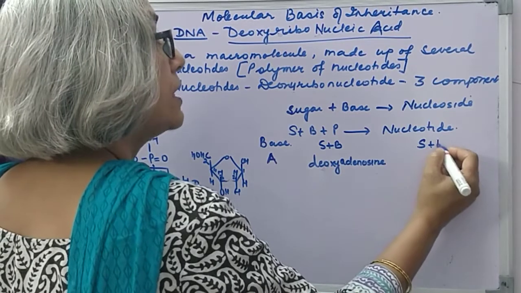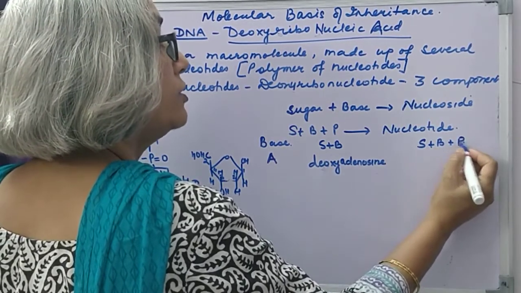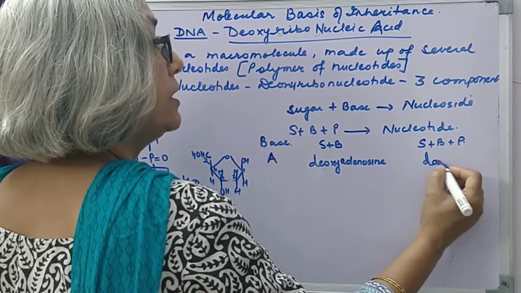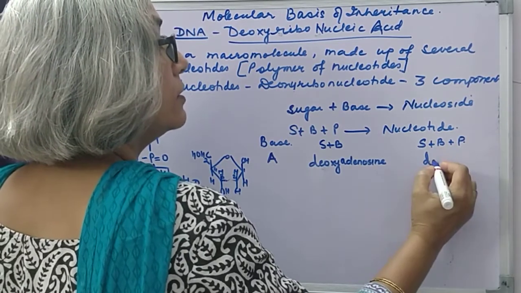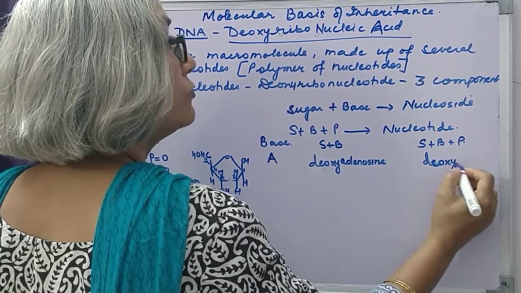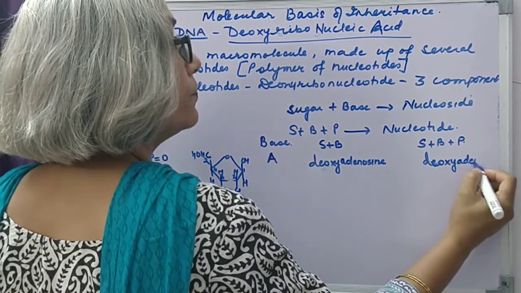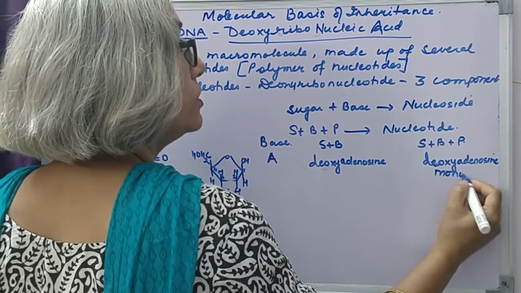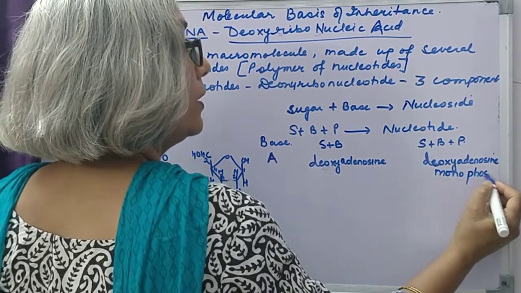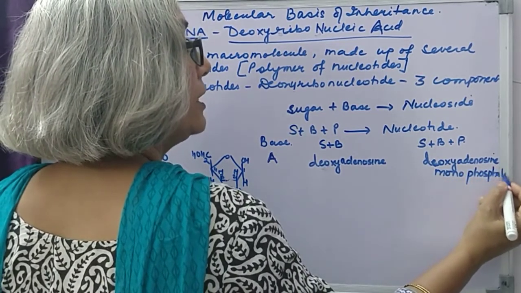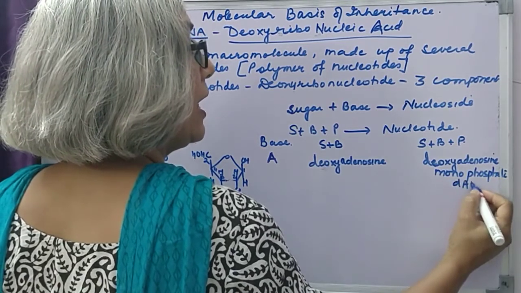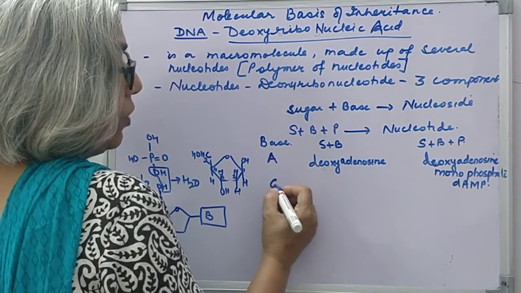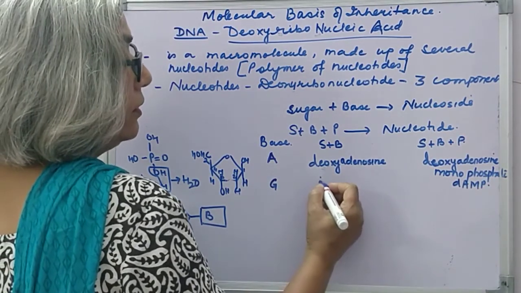And when this combines with a phosphate, we say deoxyadenosine monophosphate is formed, and we abbreviate it as DAMP.